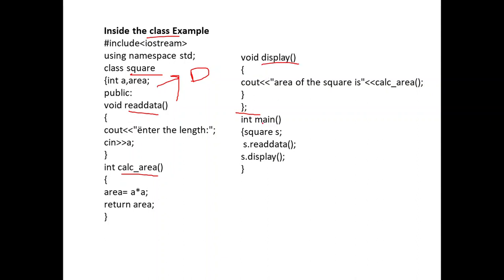Within the main function, we will create an object S, that is the class name, then the object name. So S is the object. And we have to access each function like read data, so we take S dot read data, S dot display. When we call S dot read data, we can enter the length of the square.